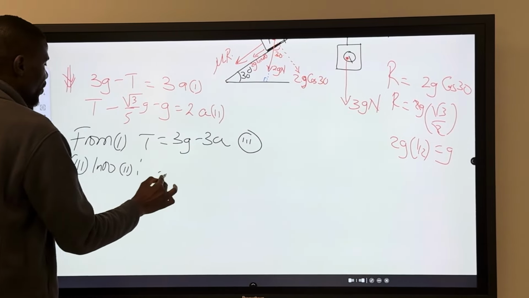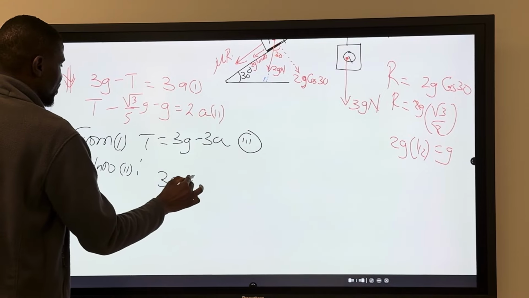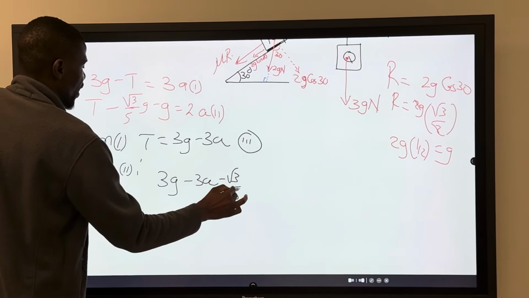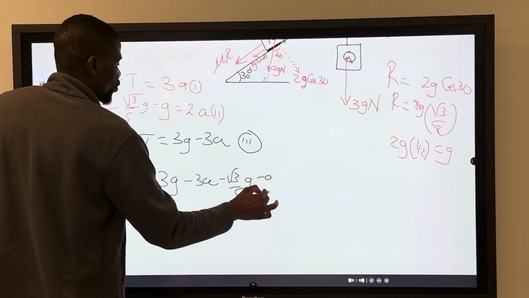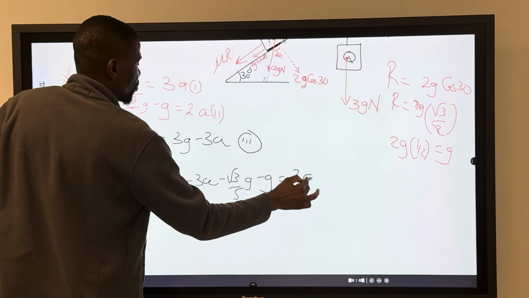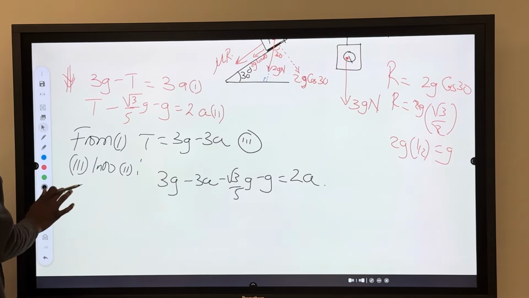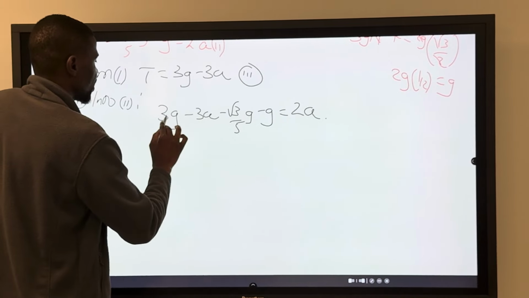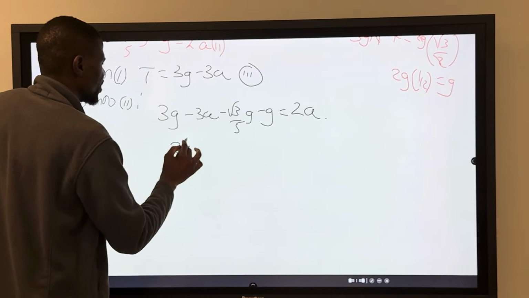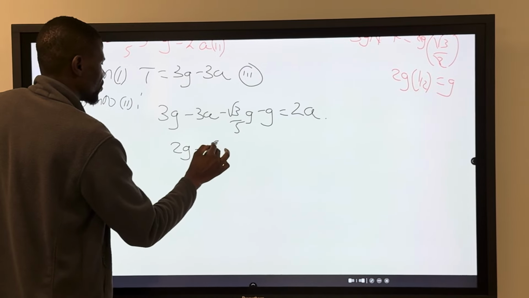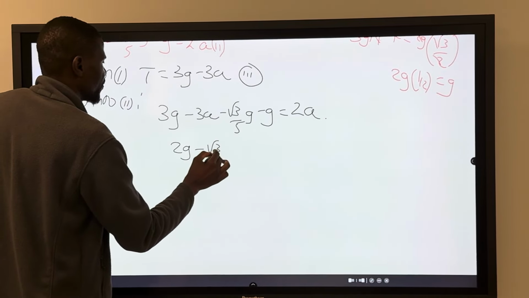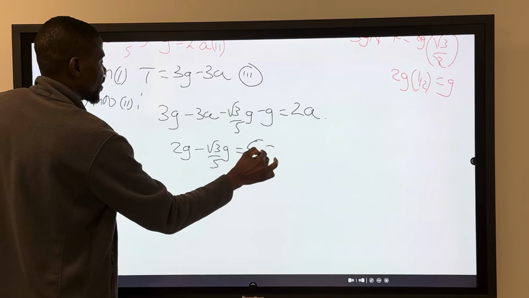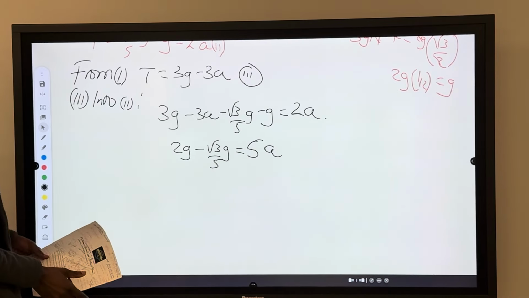So it's going to be 3G minus 3A minus root 3 over 5G minus G equal to 2A, right? So if I consider this and that, it's going to be 2G minus root 3 over 5G equal to 5A, right?